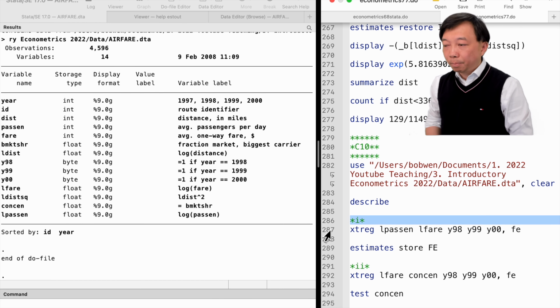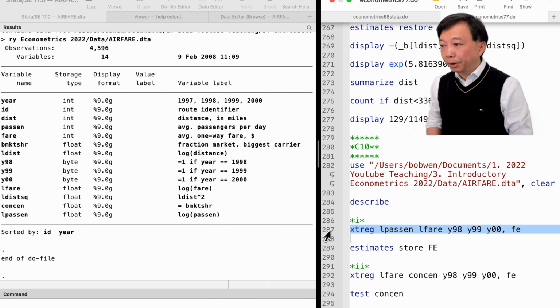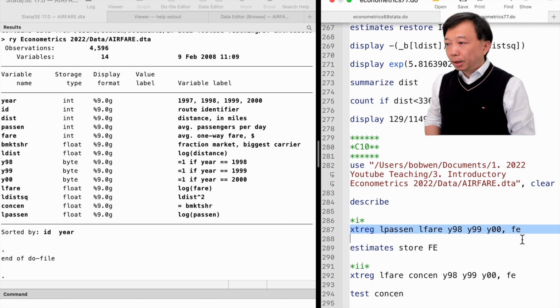We estimate the demand function by individual fixed effects. We use the xtreg command in Stata to estimate the unobserved effects model. We use the FE option to specify the fixed effects time demeaning method. We also include the year dummy variables in the model to account for the different intercepts.